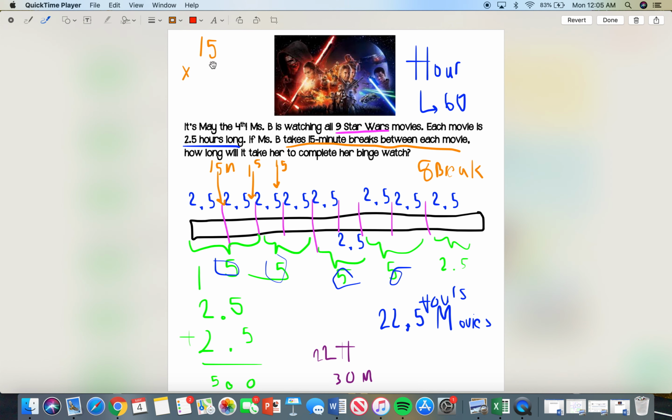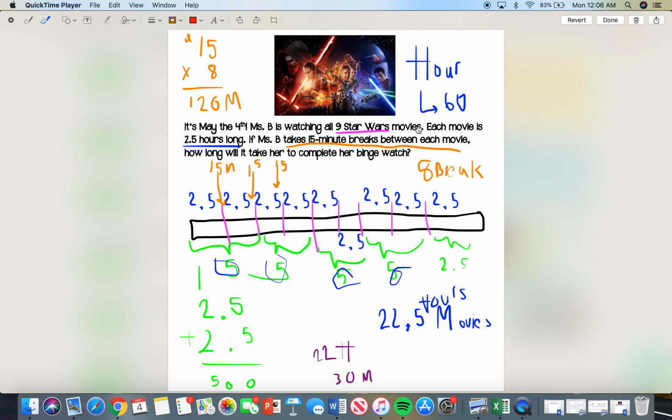Each one is 15 minutes. 8 times 15: 8 times 5 is 40. 4 down there. 8 times 1 is 8, plus another 4 is 12. So now that's 120 minutes.